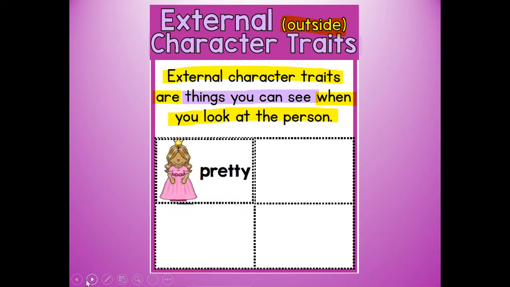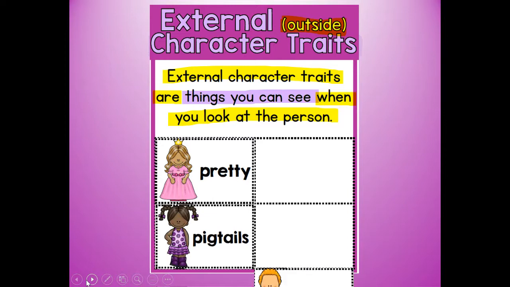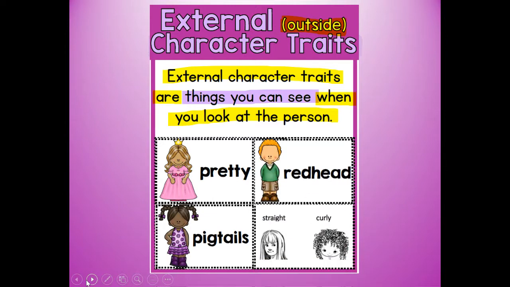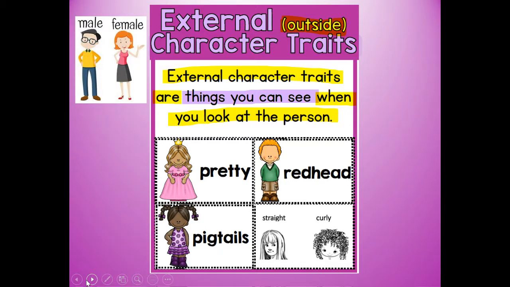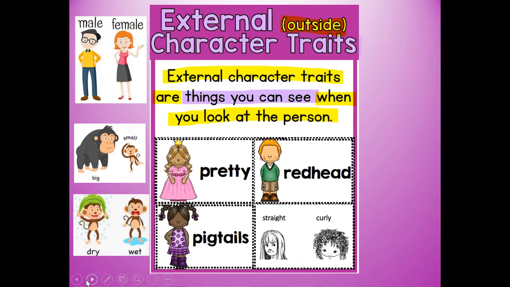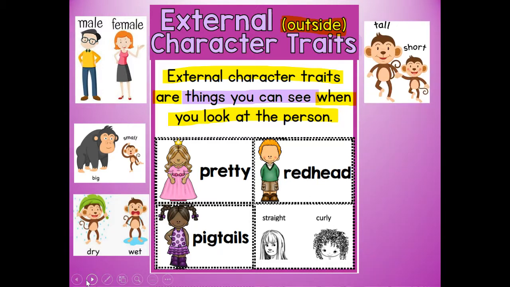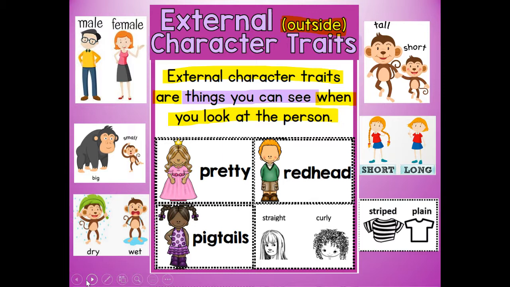For example, pretty, pigtails, redhead, straight hair, curly hair, male or female, big or small, dry or wet, tall or short, short hair or long hair, and striped shirt or plain shirt. So those are examples of things you see. You can tell if someone's tall or short, redhead, pigtails, straight, curly.